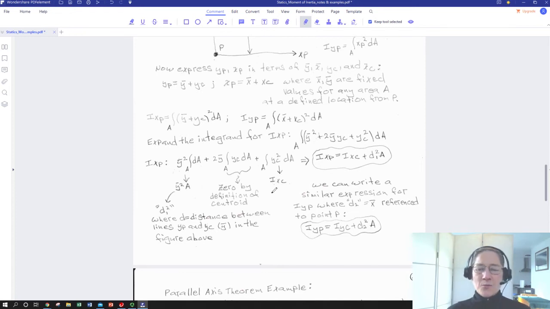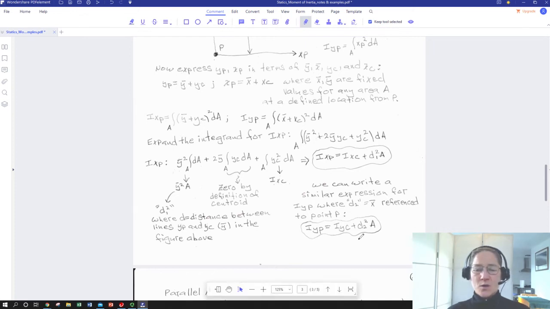So what we end up with is an expression that says the moment of inertia about, in this case, the x-axis through any point, anywhere, is the moment of inertia about the x-axis through the centroid, probably easier to calculate and/or look up, plus the square of the distance of my proposed new axis from the centroid axis times the area.